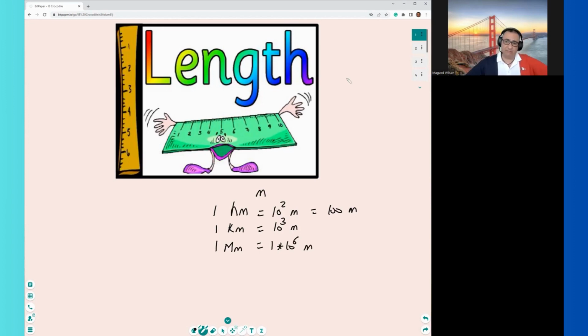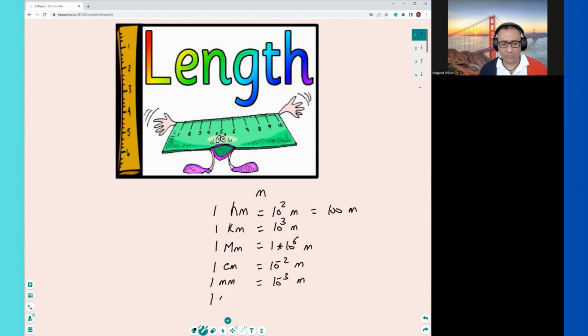And these are larger units than meters. But let's talk about smaller units than meter. So let's say centimeter, so cm. Centi is 10 to the power of -2, or 1 over 100 meters, right? 1 milli, so mm, millimeter, is 10 to the power of -3 meters.